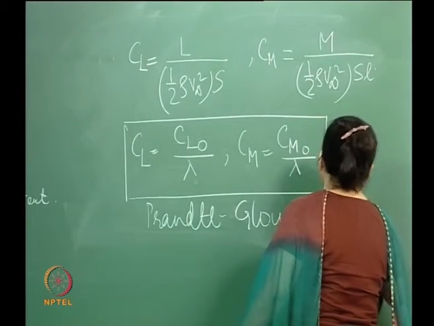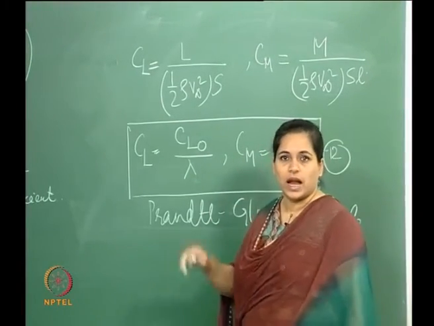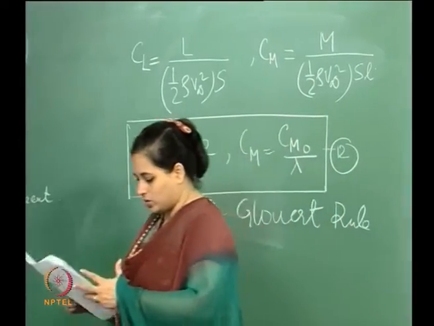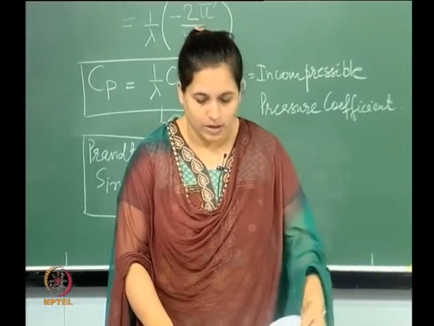So, basically we can use the incompressible Cl and Cm, add a correction to it and use it as the compressible Cl and Cm. Okay, I think we will stop here and continue this next class. Thank you.